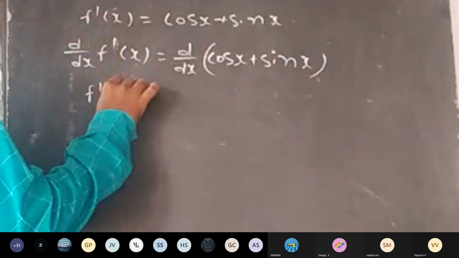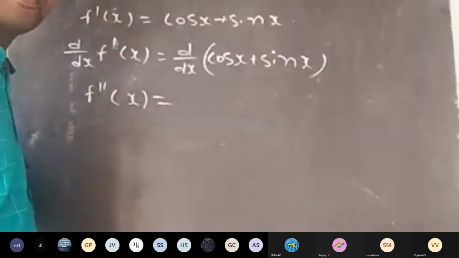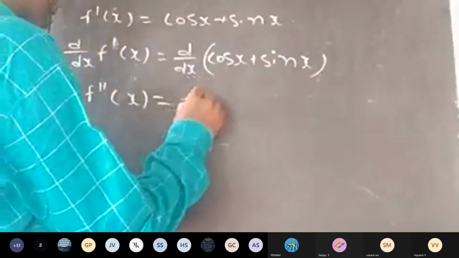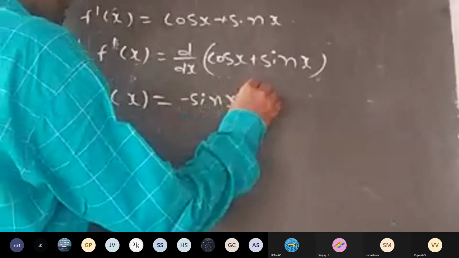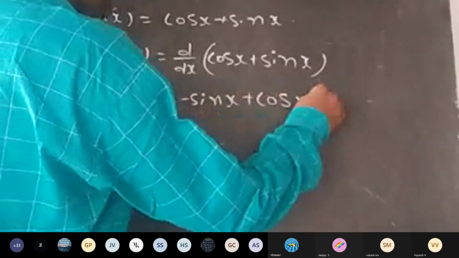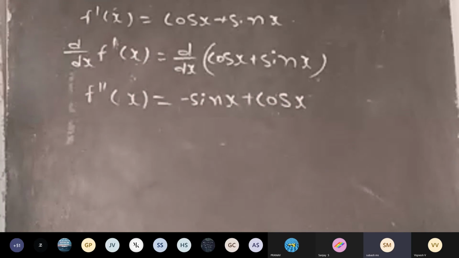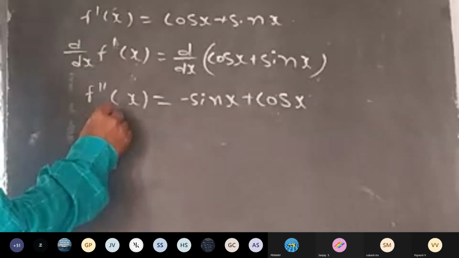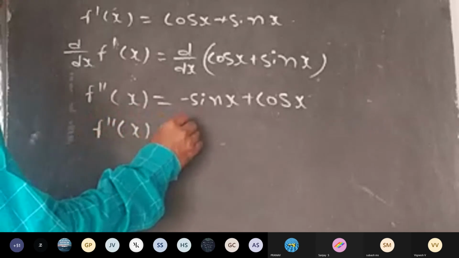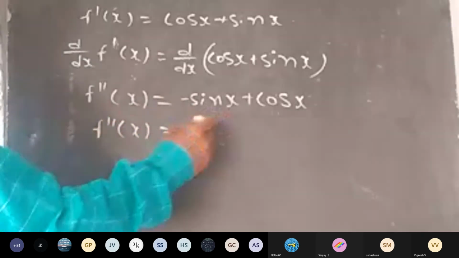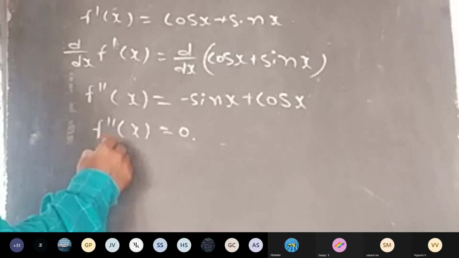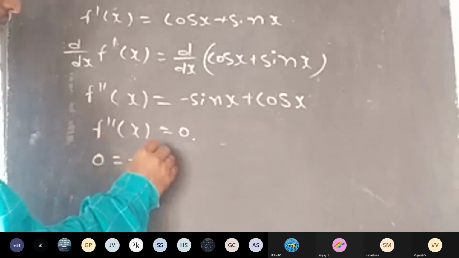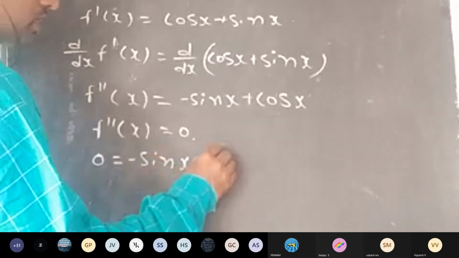So when you differentiate the equation the second time, it is minus sin x plus cos x. So f double dash of x at the point 0 is equal to minus sin x plus cos x.